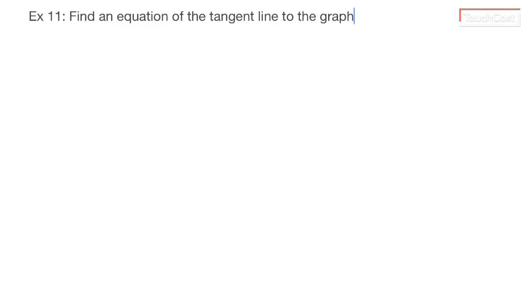So let's look at example 11, where we are going to find an equation of the tangent line to the graph of f of x is equal to 2 sine x plus cosine 2x at the point pi, 1.